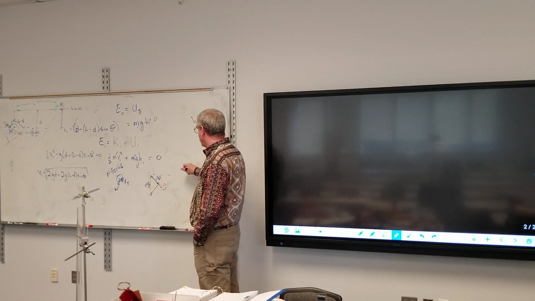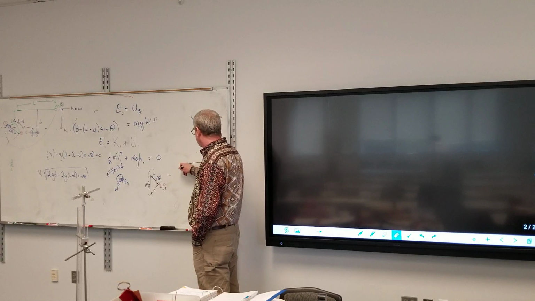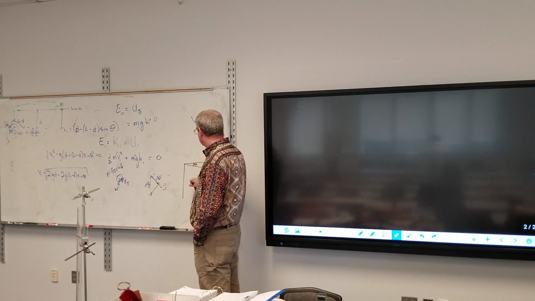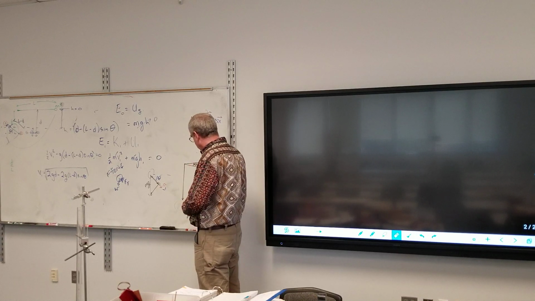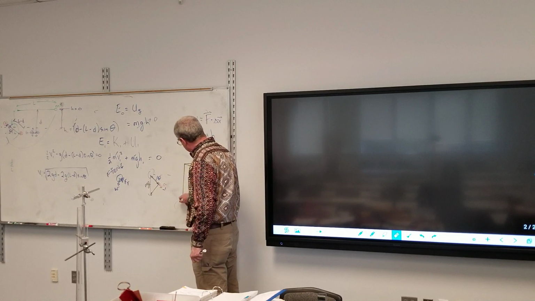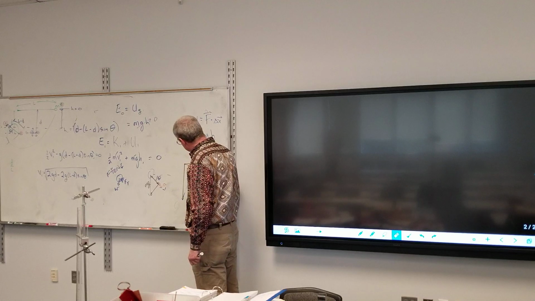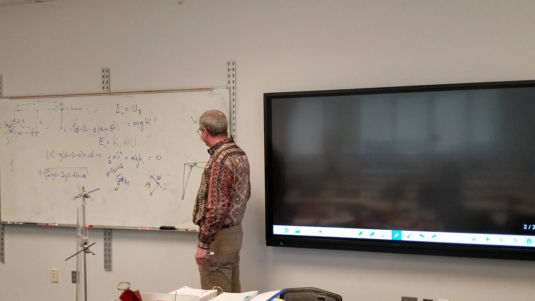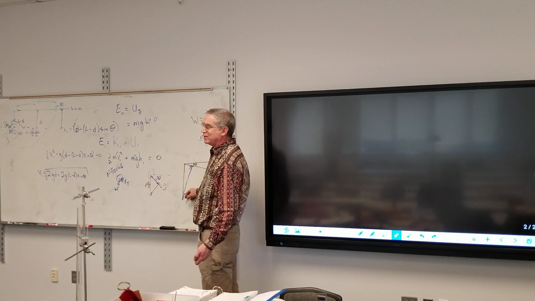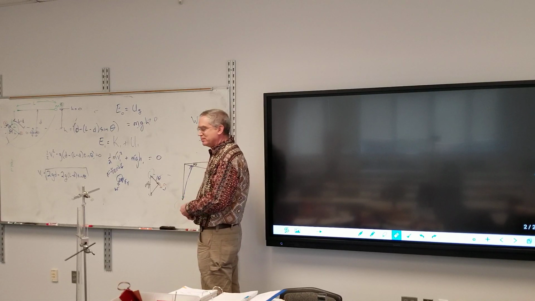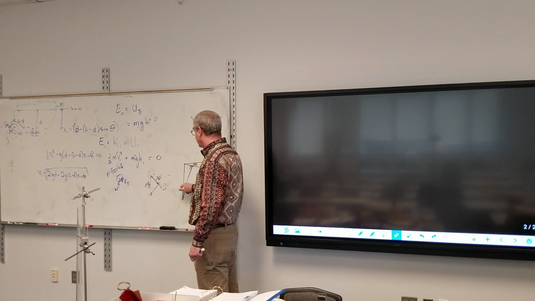We can go through the geometry of it. If I make that a skinny angle, which of these two angles is theta? The bottom one, I would think, if I'm drawing it correctly.